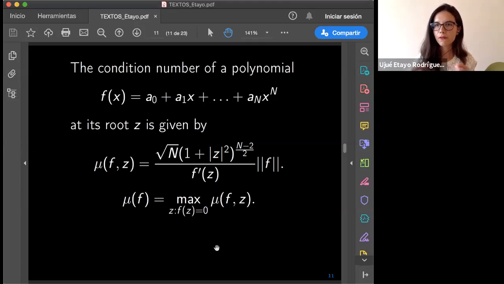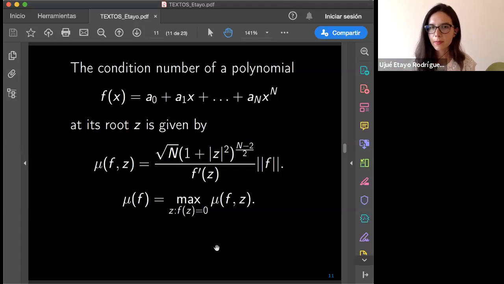So you can take your favorite polynomial in one variable, then you change one coefficient by epsilon, and then you compute the roots of this new polynomial and compare them with the previous ones. For some polynomials, the roots are going to change a lot if we just change a little bit one of the coefficients. And for other polynomials, even if we change quite a bit every coefficient, the roots are going to be more or less the same.